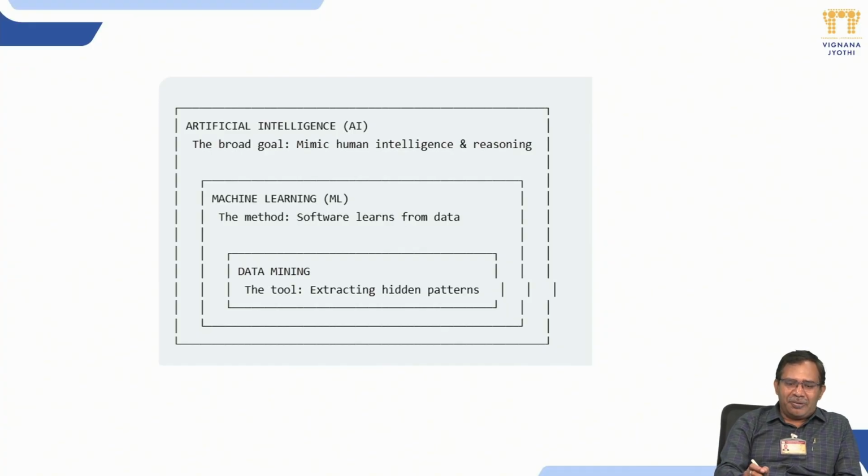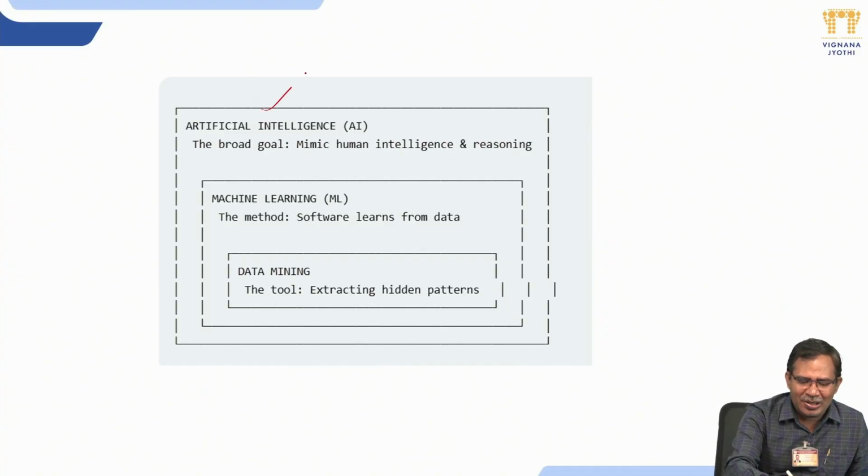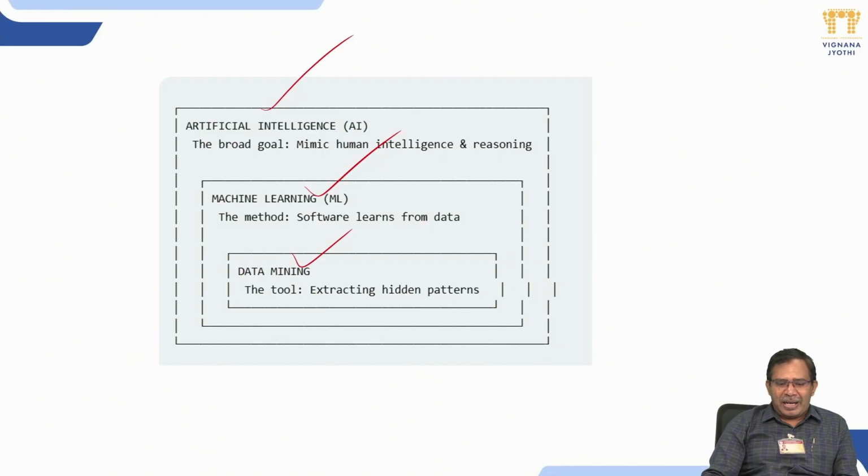In the illustration, you can see that AI is a superset having elements like ML and data mining. ML is the superset for data mining.